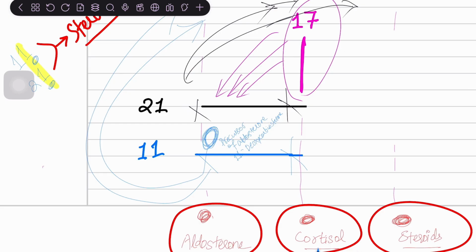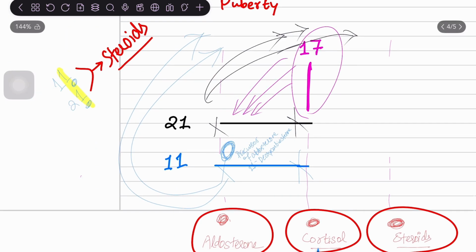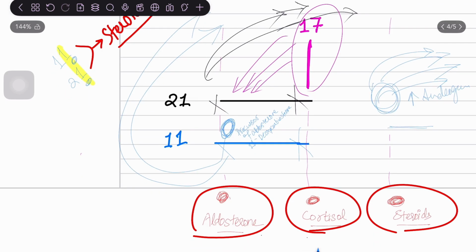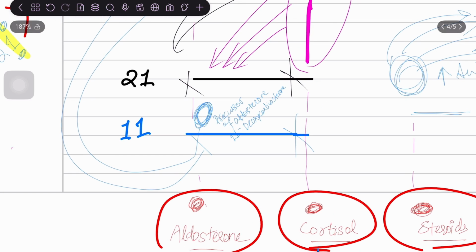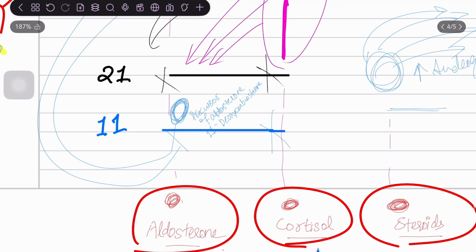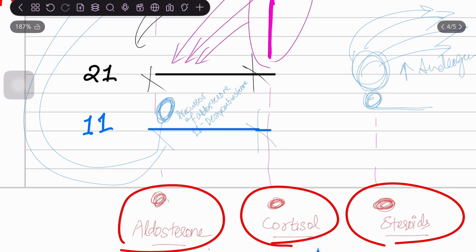There will be no aldosterone, no cortisol, and there will be precursors above it that will be shunted into steroids again. There will be androgens here again. Plus, there's one thing you need to remember that confuses many people. Before aldosterone forms, there's one precursor called 11-deoxycorticosterone.